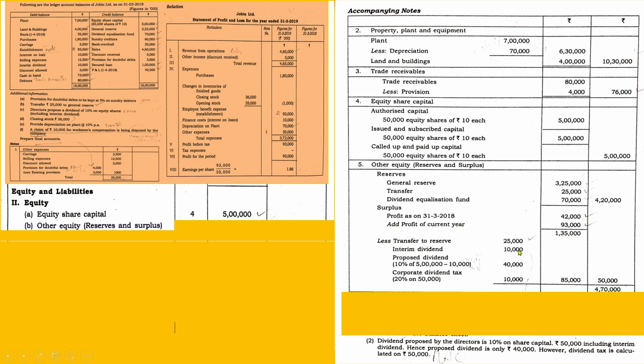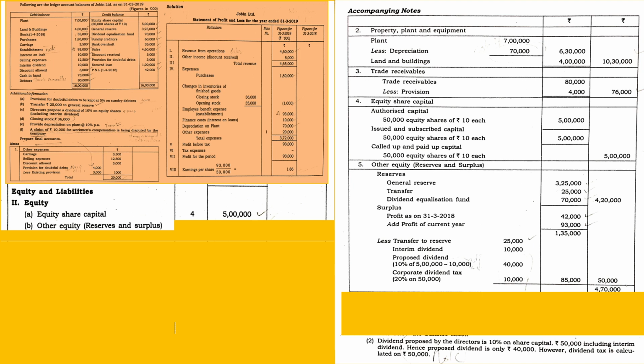Here we have deducted 25,000 because all these items were computed to find out the current year profit, and out of profit only reserve is transferred. Since it is taken out of profit, we have to deduct the same item again. So 25,000. Next one, interim dividend 10,000, it is already given in the trial balance. And after that, proposed dividend, that is rupees 40,000. I believe you have understood how the 40,000 is obtained. And finally, another important item, corporate dividend tax.